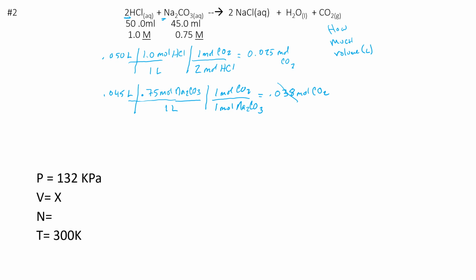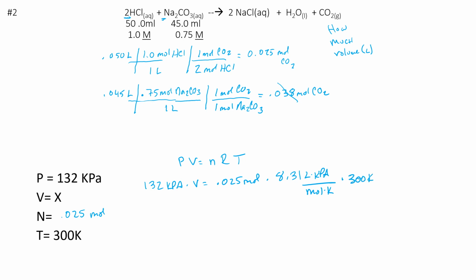So what I now have is n down here equal to 0.025 moles, and I'm going to solve for volume. So PV equals nRT. So 132 kilopascals times the volume, which is the X we're trying to find, is equal to 0.025 moles, times R, which for kilopascals is 8.31 liters times kilopascals over moles times Kelvin, times T, which is 300 Kelvin.